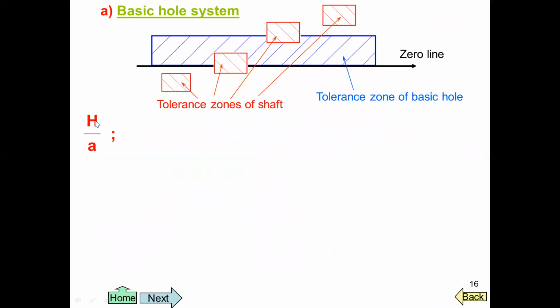So if you choose the fit with H over a, that means you have a clearance fit.